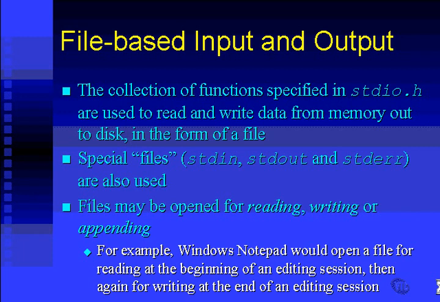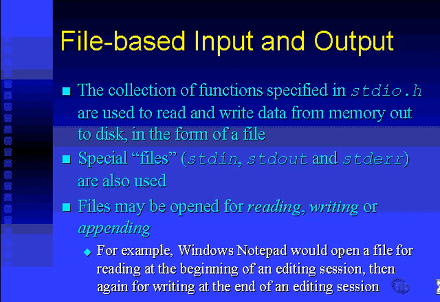What Windows Notepad will do is it will open the file twice. At the beginning of the session it will open it once for reading. It will open it, read all the information in that file into memory, and then you'll make some modifications to all that data in memory, and then when you're done, you'll issue a save command.